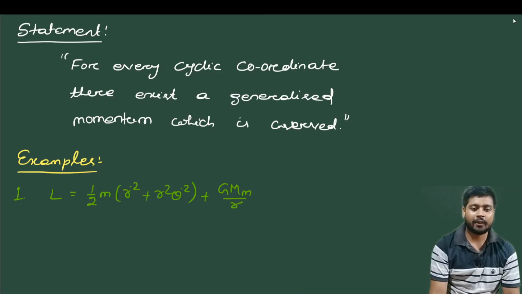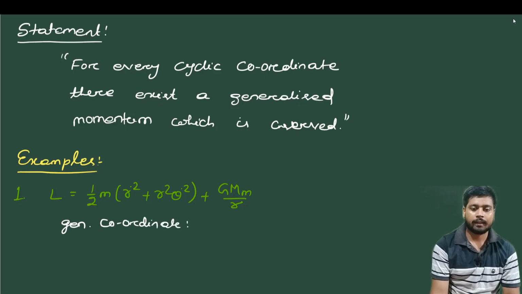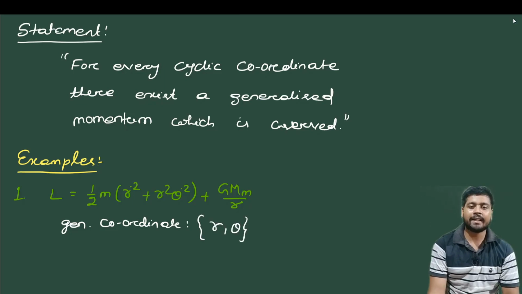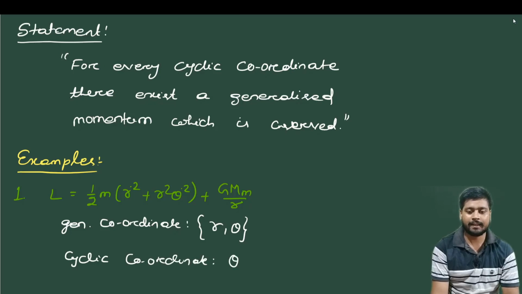See here we have generalized coordinates, one is r and another one is theta. But here no theta term is present in the Lagrangian, yes or no? So here you can say the cyclic coordinate is theta. Theta is our cyclic coordinate as there is no theta term present here. And here you can say p theta is conserved.